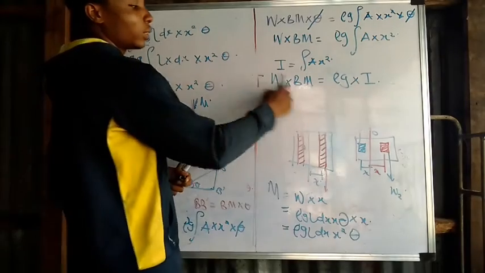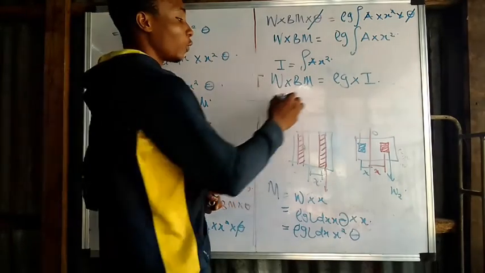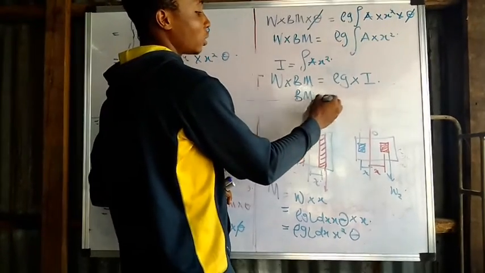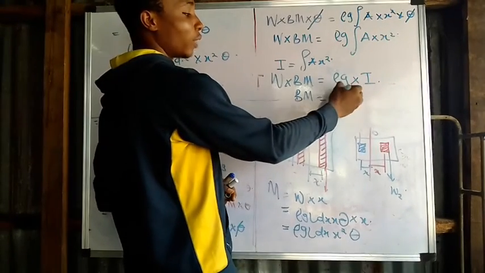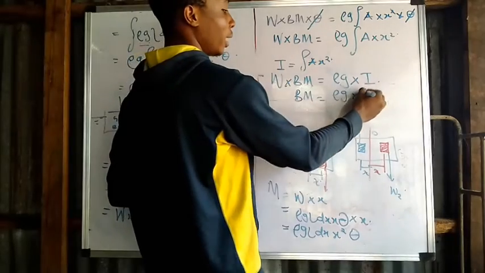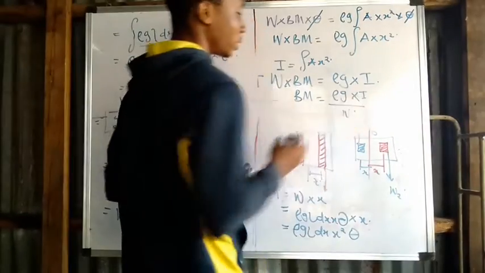So now taking Bm to be the subject of the formula, we have Bm is equal to density times acceleration due to gravity times I divided by weight.